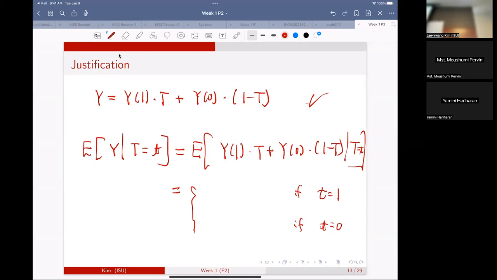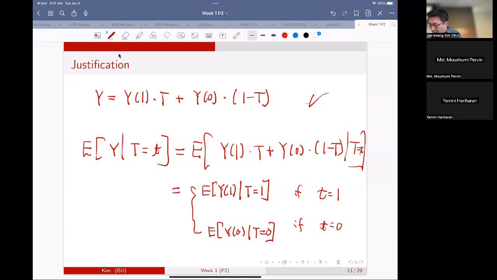Then if t equal 1, the second term is 0, so you have basically the expectation over y1 given t equal 1. In the same way, the expectation of y0 given t equals 0.